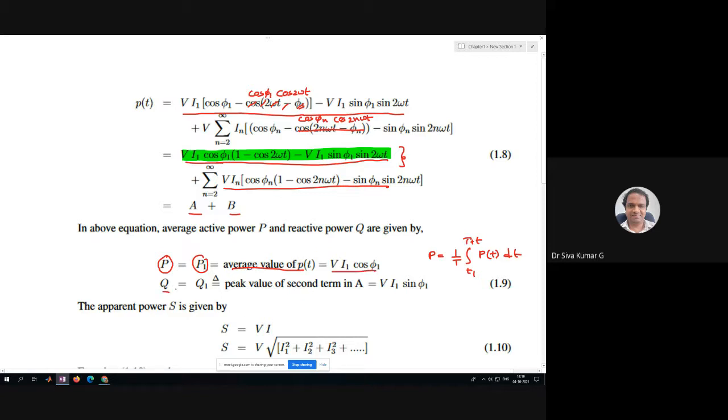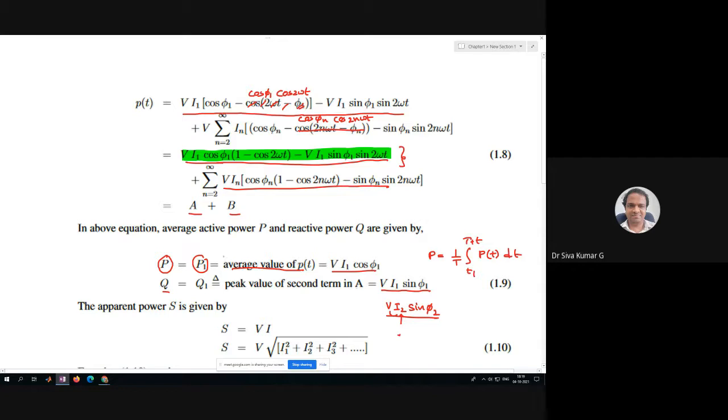Whereas the reactive power is V1 I1 sin phi 1. Whereas we won't get an equation of V into I2 sin phi 2, something of this sort, because the interaction won't happen between the fundamental voltage and the second harmonic either. It won't happen. Okay.